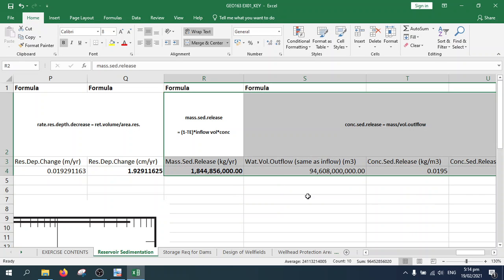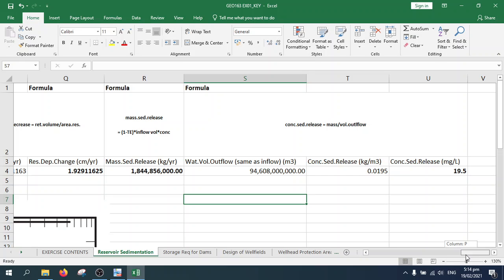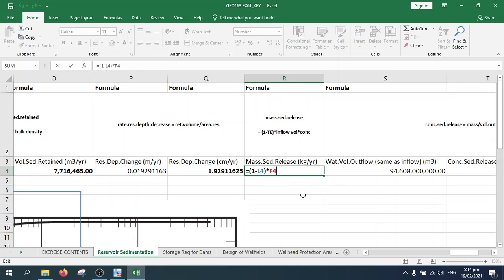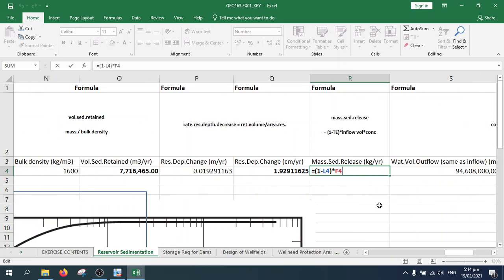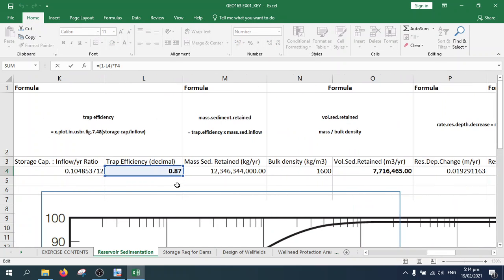Now, so the steps here to get the concentration of your sediment outflow. So first we have to know how much sediment is actually being released by the dam. So all you have to do is just take the remainder from your trap efficiency.